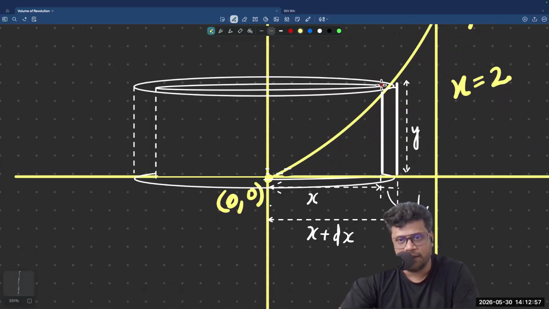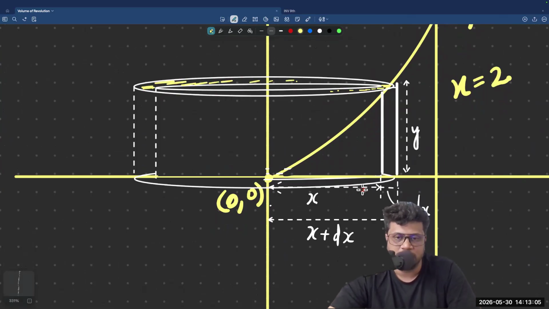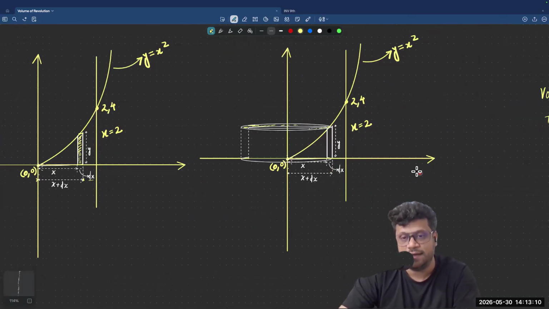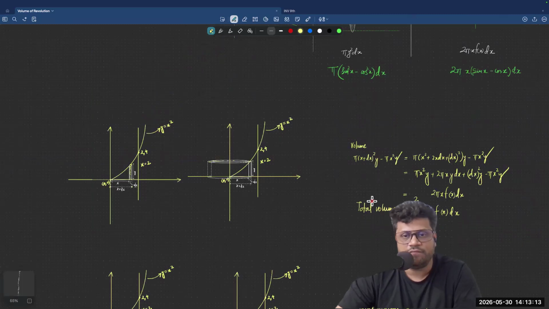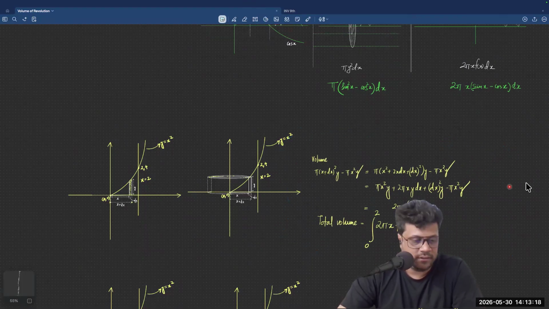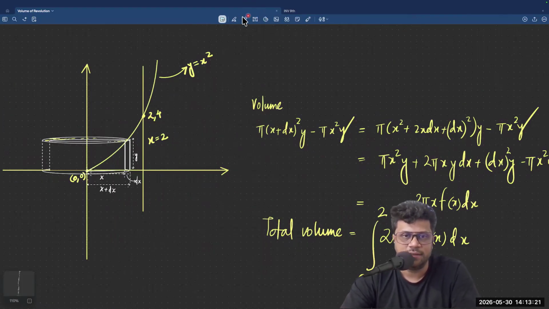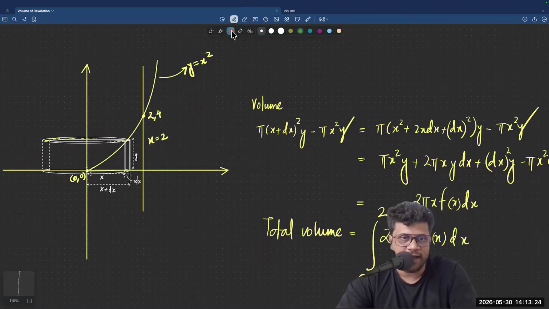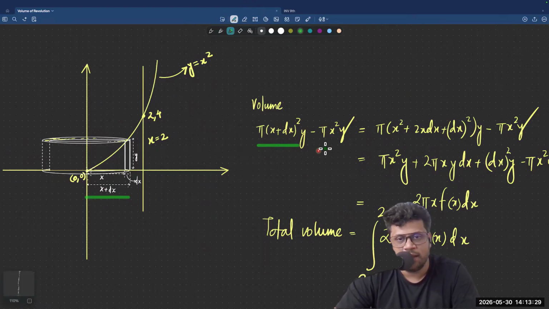A thin cylinder is what you're going to get if you rotate that strip about the y-axis. Let's try to figure out the volume of this thin cylinder. The volume can be the volume of the outer cylinder, which has a radius of x plus dx, minus the volume of the inner cylinder, which is pi x square y.